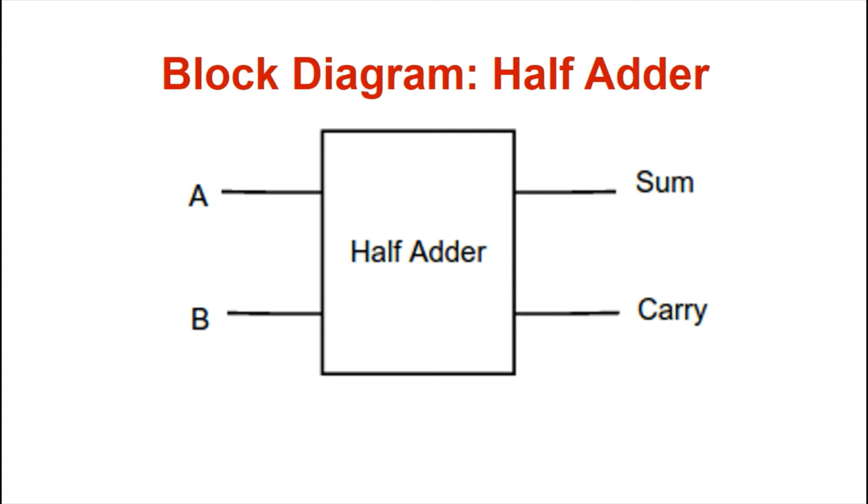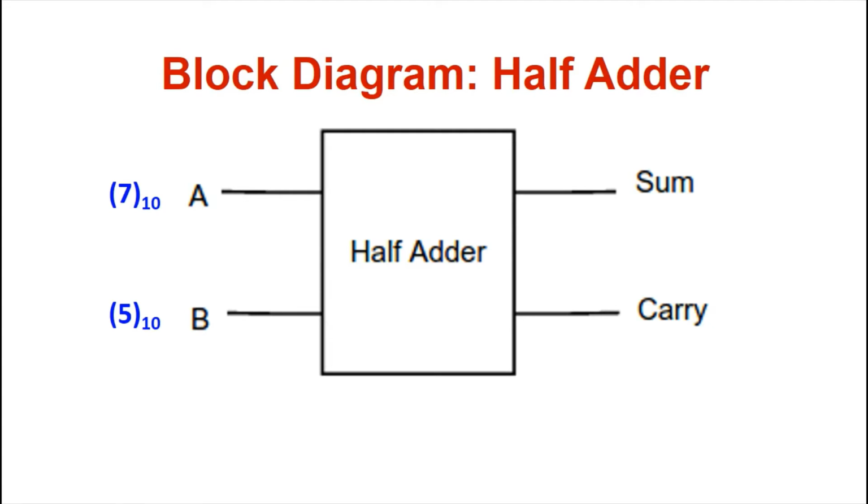So A is a binary bit and B is another binary bit, and when we add both binary bits, we finally get the sum as well as carry. It might be possible that when we add two binary bits, the sum will have a value but there will be no carry, and sometimes we will have a carry.